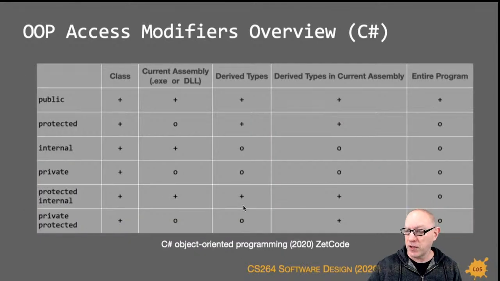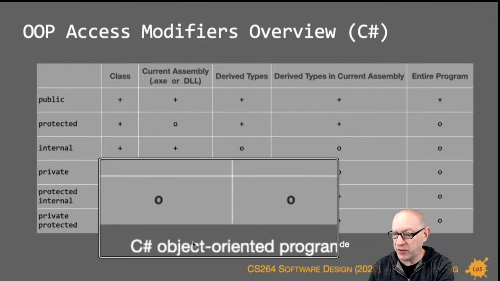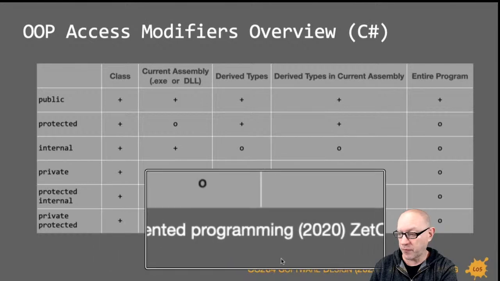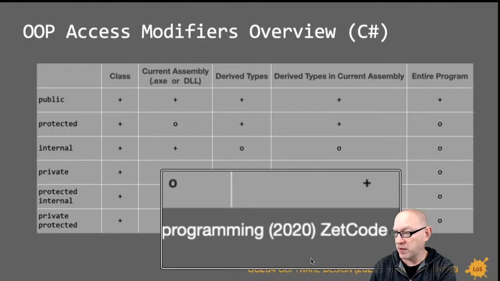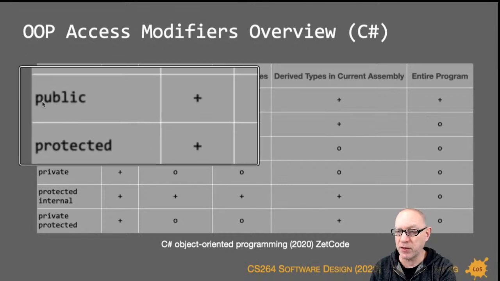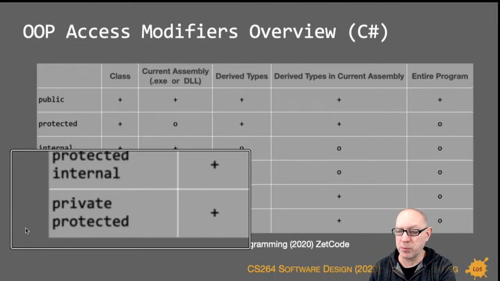Okay, so here's a really nice table for C#, the object-oriented programming guide, a 2020 article, so it's fairly up to date. This gives you an overview of the actual classes. We can see the protected, public, internal, private, protected internal, private protected.